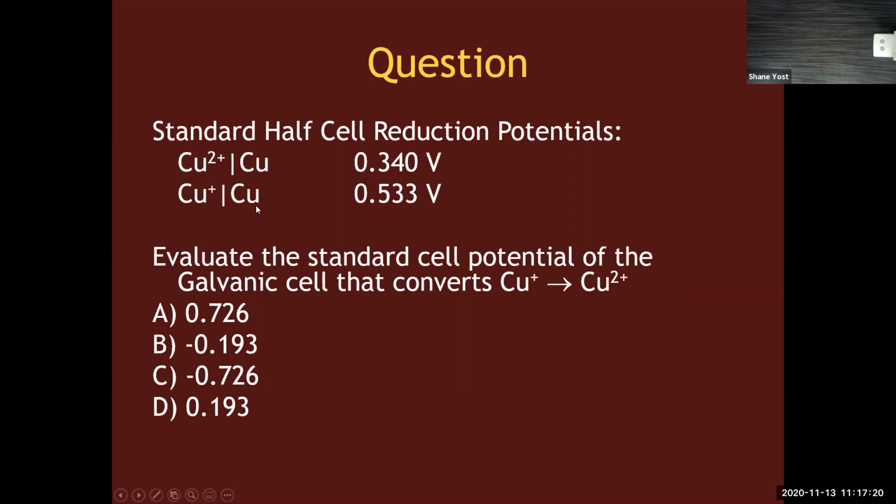All right, so another question here. I have these reduction potentials. The question is what is the cell potential for the galvanic cell that converts Cu to Cu2+?